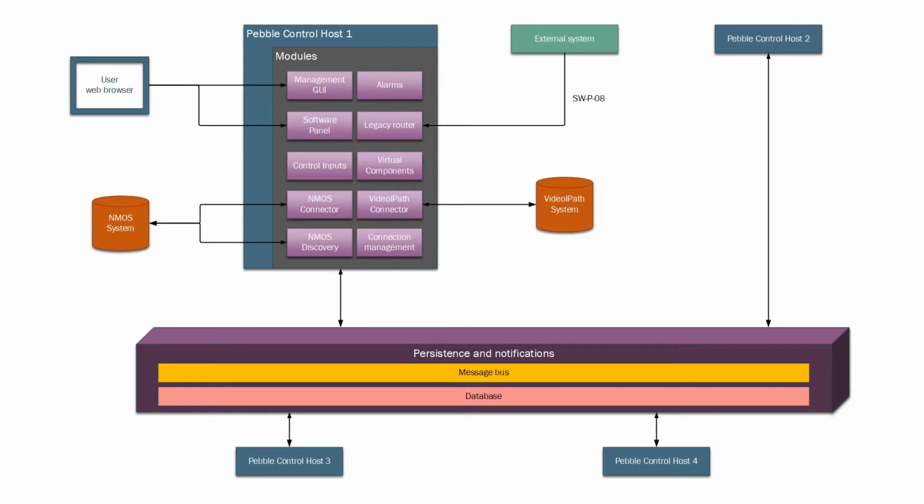Rather than having a traditional main backup layout, resilience in Pebble Control is achieved by having 2 or more modules of the same type work in parallel, distributing tasks between them. Therefore, should one of the modules go down for any reason, the others just continue running, resulting in zero downtime or data loss in case of a single failure.